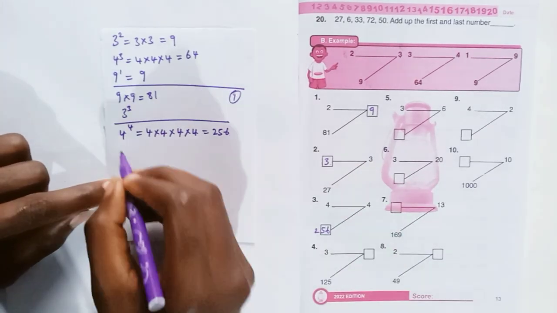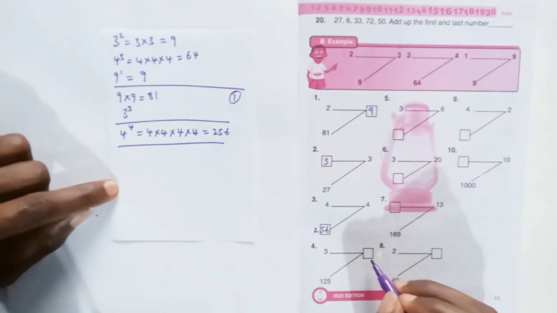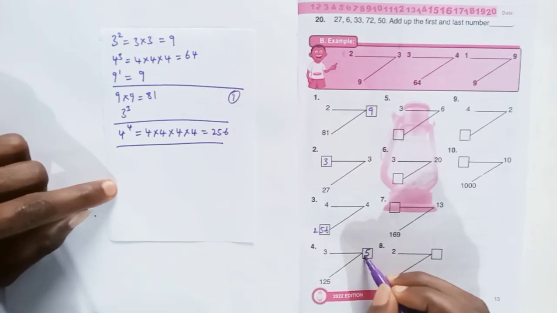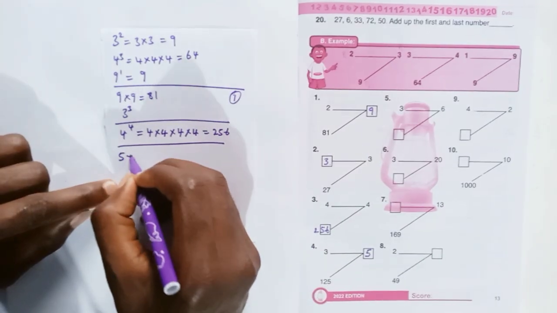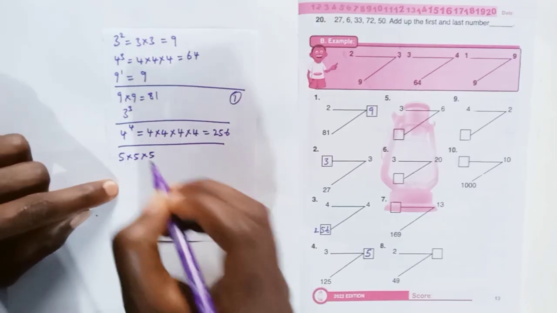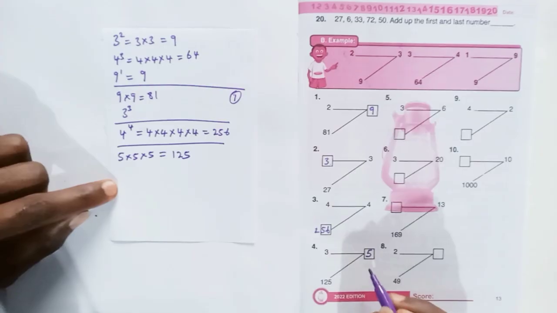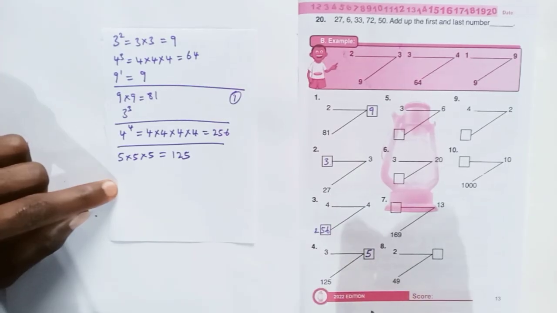This one will now be number 4. What raised to the power of 3 gives 125? 5 raised to the power of 3. 5 times 5 times 5 will give 125. So this will be 5 raised to the power of 3 will give 125.